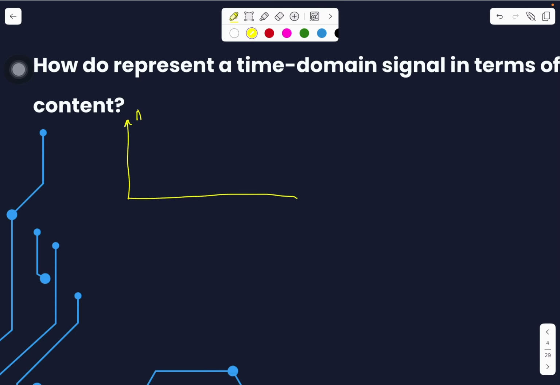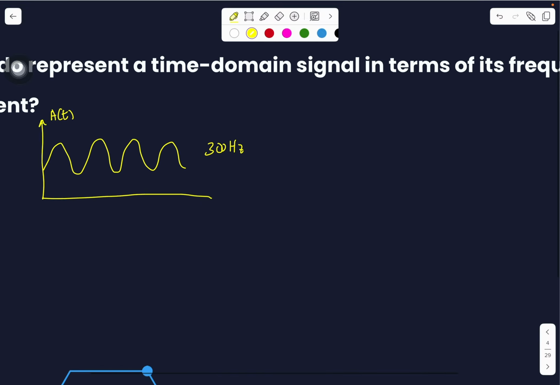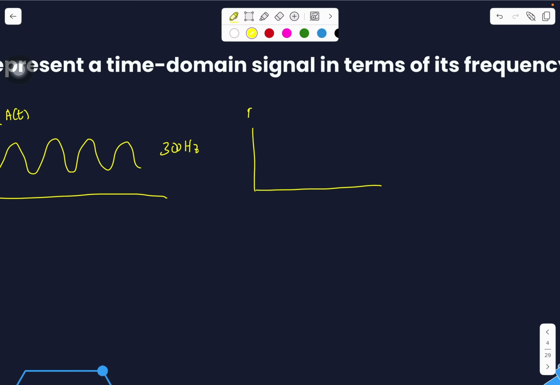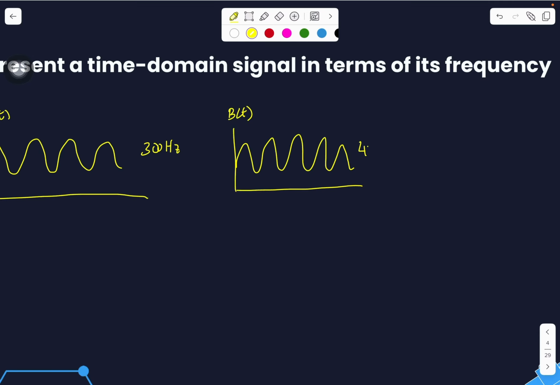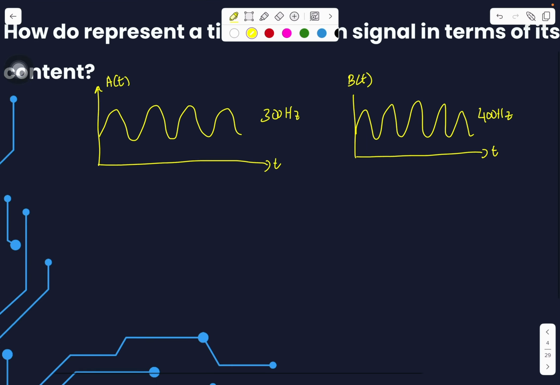This is A of T, and it's periodic, and it has a frequency of 300 Hertz. And this is B of T, and it's also periodic, and it has a frequency of, let's say, 400 Hertz. And these signals are in time, of course.